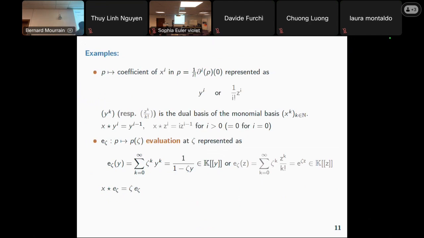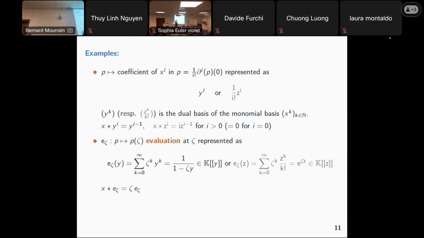So, for instance, when we look at the linear functional which is computing a specific coefficient in a polynomial. So we fix an i here, and we look at the coefficient of x to the i. How will you represent this linear functional?